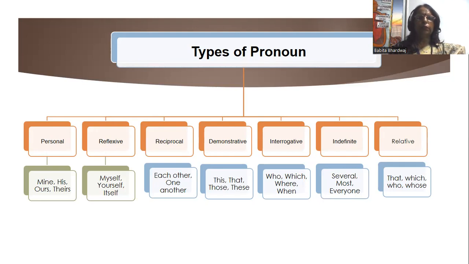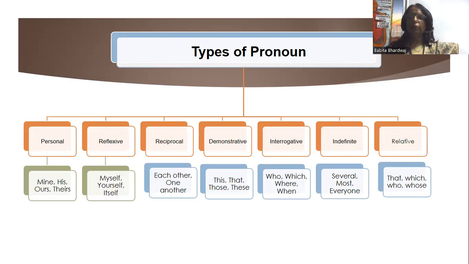Wherever we are using them, we are reciprocating the words. Then demonstrative, where we are indicating: this, that, those, or these. Now coming to interrogative pronoun. As the name indicates, it is generally used in questions. Here you can see the WH family: who, which, where, when. Then indefinite.